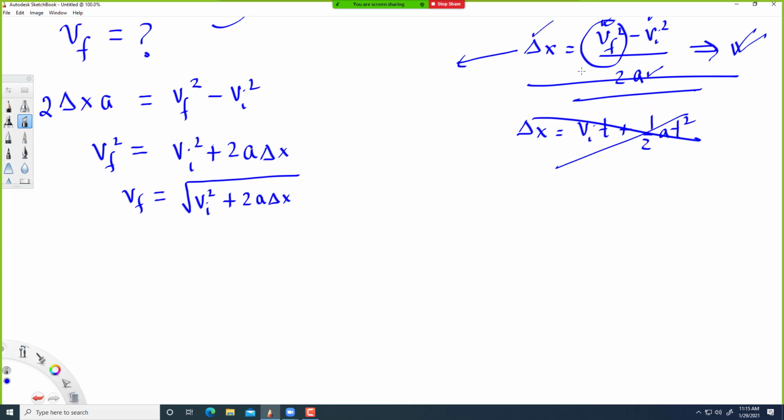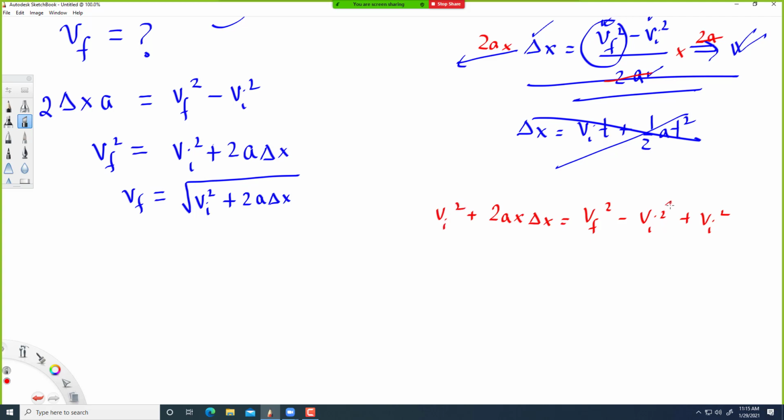Sometimes people understand this by doing it this way. Let me show what you do. Let me use a different color. We want to get rid of 2A here, so multiply both sides by 2A. You cancel 2A and 2A, and then you have 2A times delta X is equal to VF squared minus VI squared. To get rid of VI squared on the left, you add VI squared on both sides.